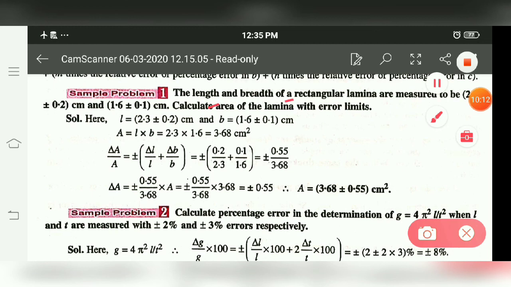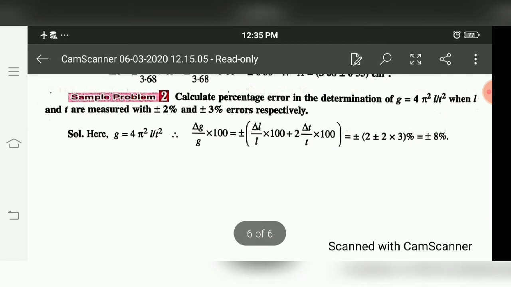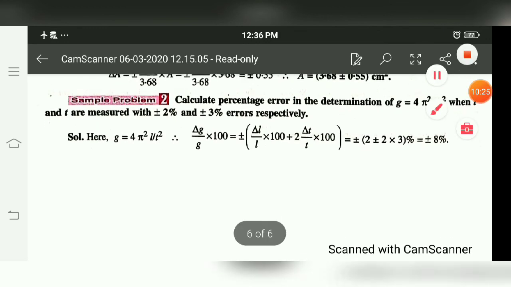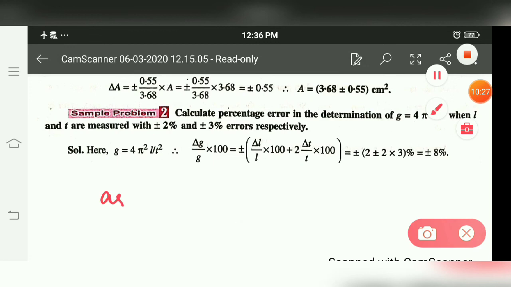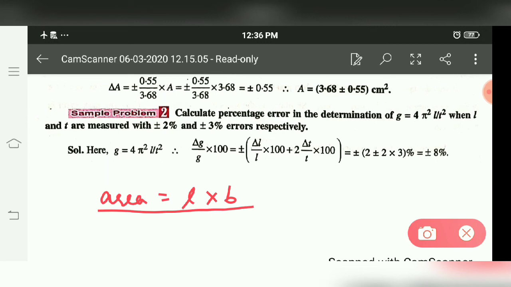Suppose the length and the breadth of a rectangle are this and this. This is the true length, this is the absolute error. True breadth, absolute error. You have to calculate the area. To calculate area, you have to take length into breadth. For area, we have to write the true value of area plus minus error, absolute error, or simply error, or percentage error.